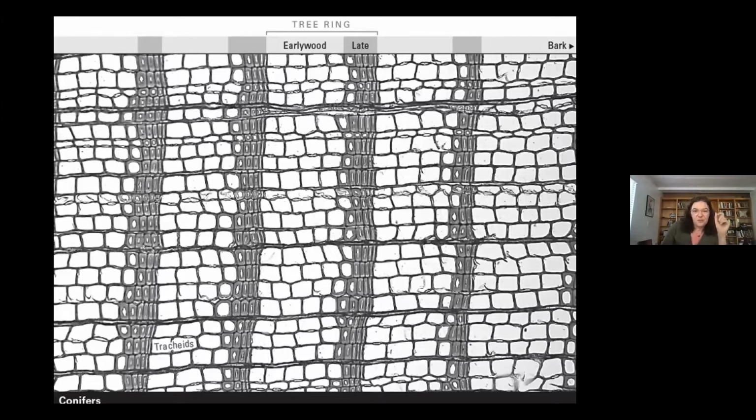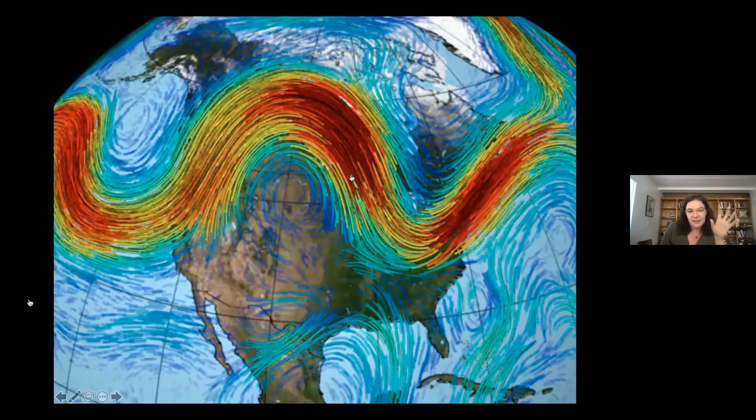When we measure density, the density is a function of the width of the cell walls, specifically in the latewood cells. So what we're doing is measuring cell wall width in individual cells of individual rings, and then linking it to patterns that happen 10 kilometers above the Earth's surface at hemispheric scale.